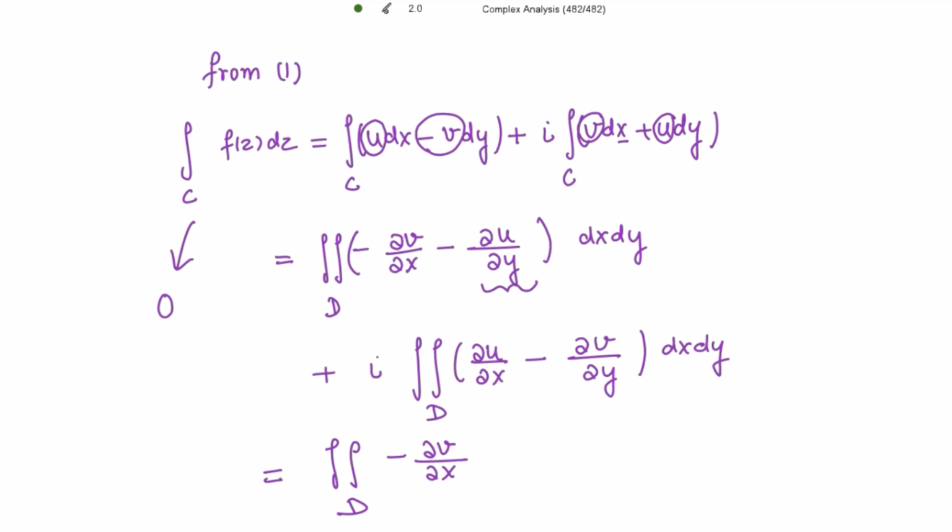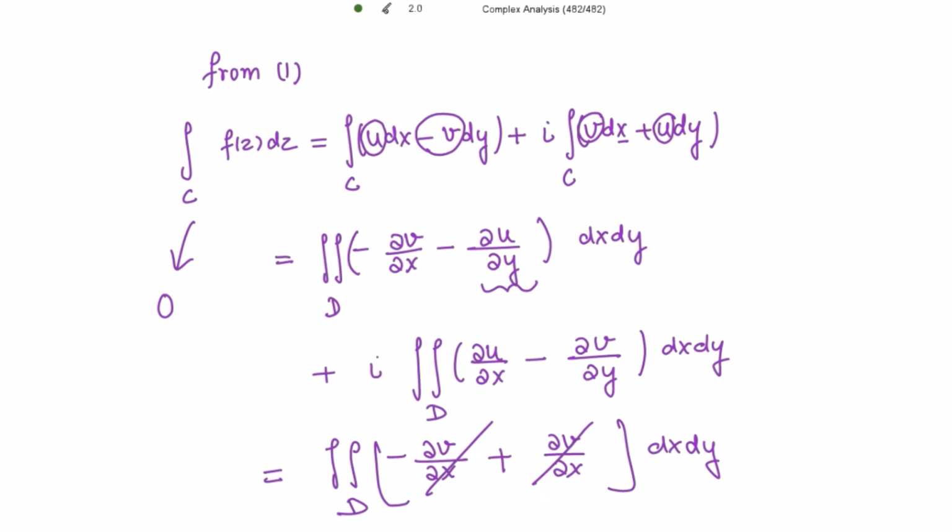So writing here, already I have a negative sign, also we have the value to be negative of the partial derivative of v with respect to x, dx dy. So the sign changes and it becomes plus.